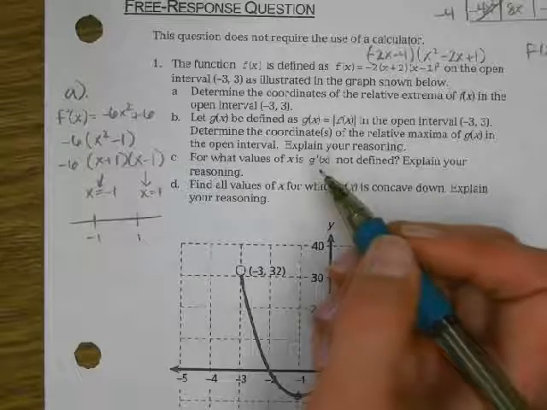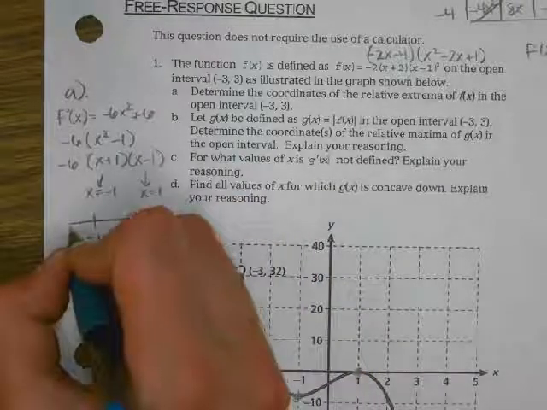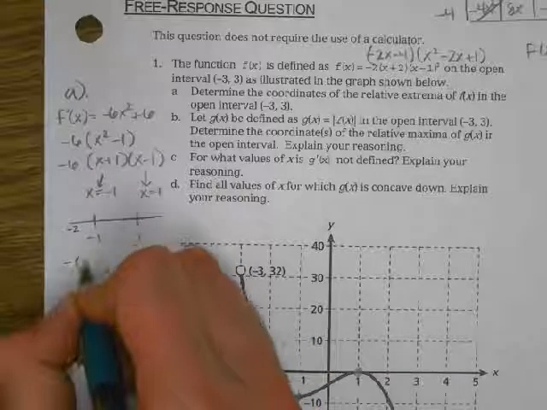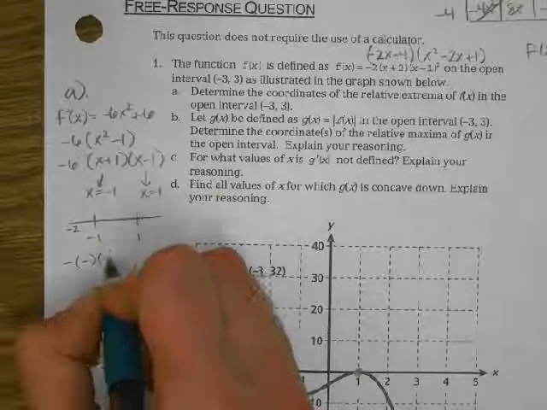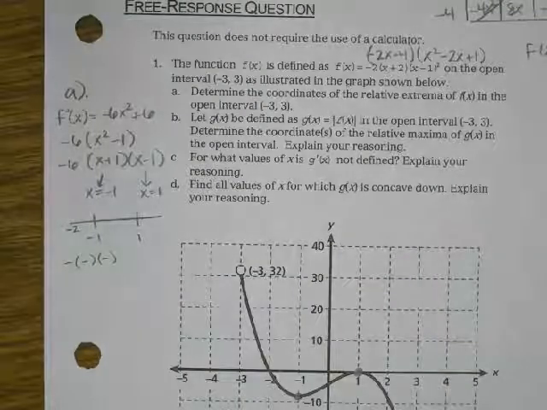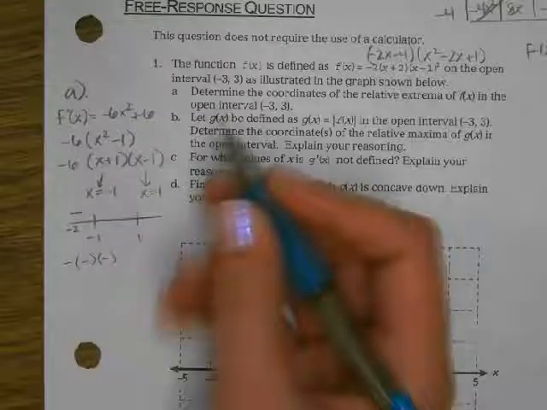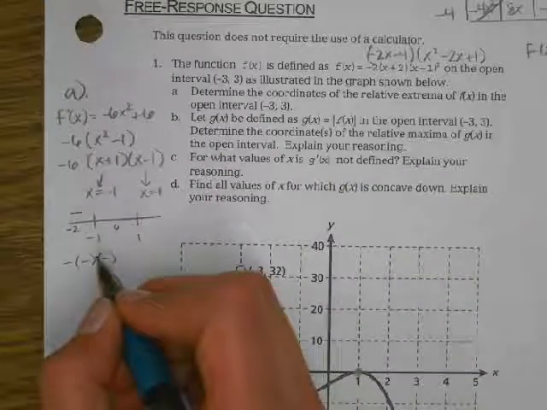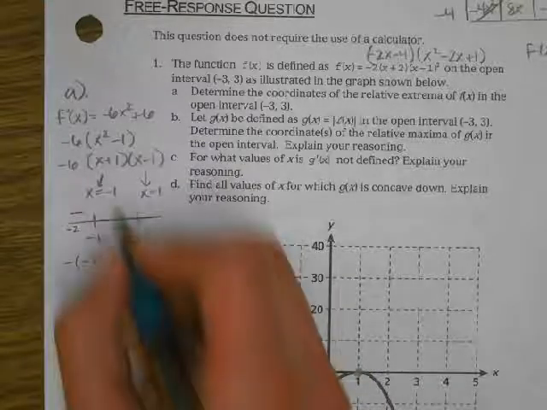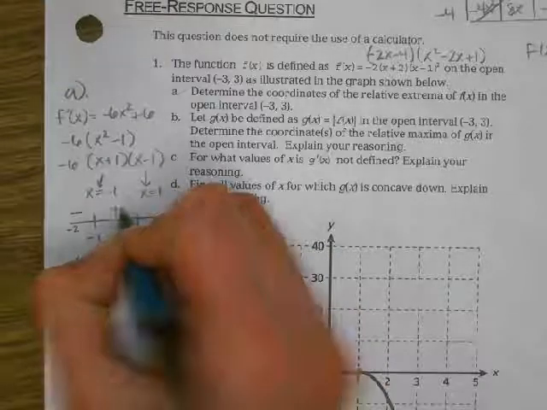I went ahead and took numbers and plugged them in. So if I plugged in -2, I had a negative times a negative times a negative, which is still negative. If I plug in 0, then I get negative for that, positive for that, negative for that, so that's positive.